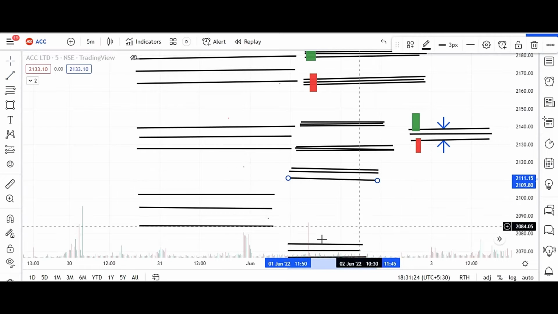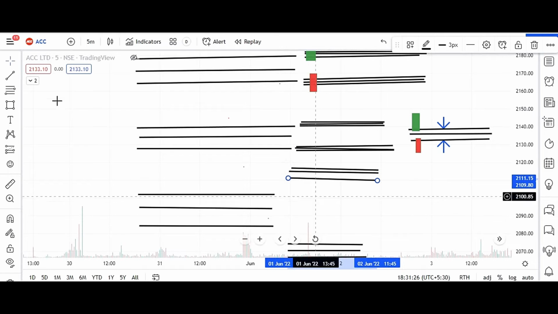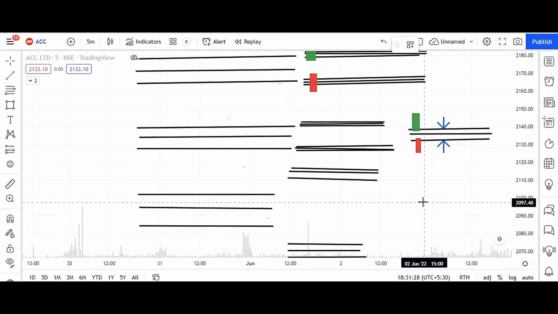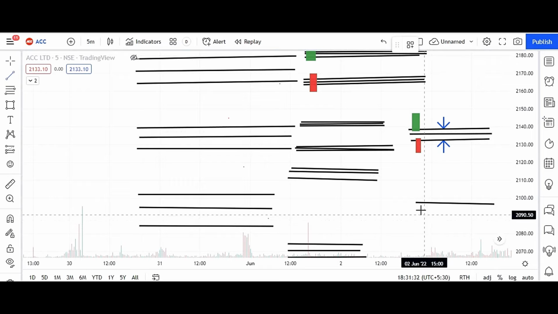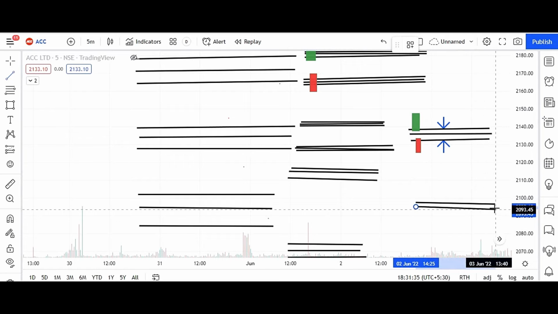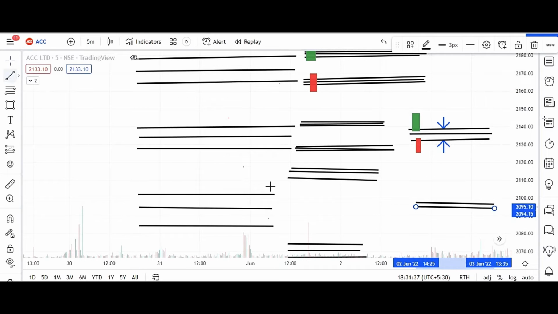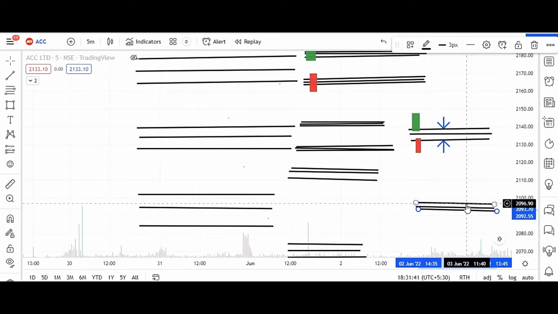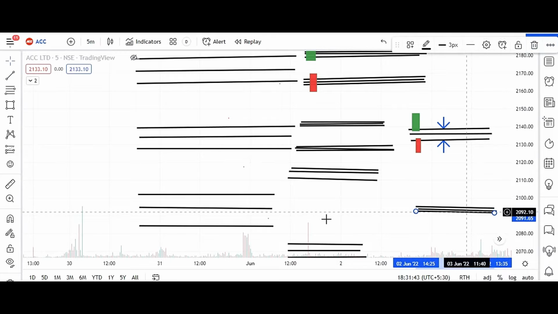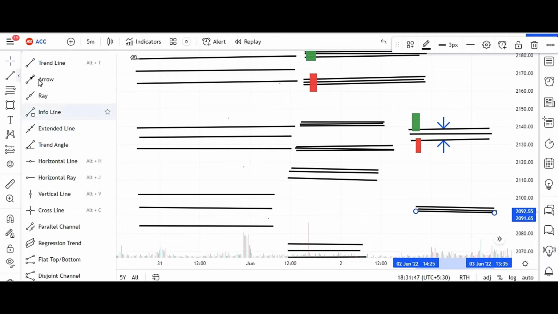Okay, second day it can be anywhere, but it shouldn't be inside. But the third day CPR should be narrow and inside the CPR. Then we take our entries on breakout.